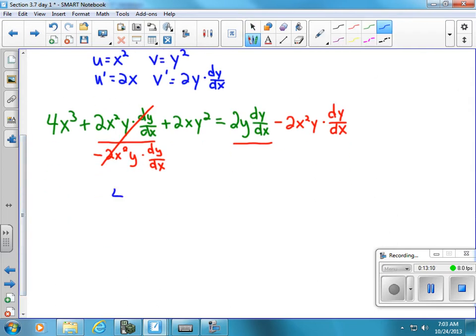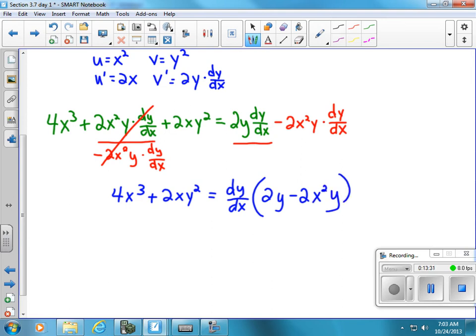Rewriting this equation one more time, 4x cubed plus 2xy squared equals, let's put the dy/dx first. It doesn't matter which one because it's multiplication, but 2y minus 2x squared y. Now you need to be really careful with your x squareds and your y squareds that you don't mix them up or lose an exponent somewhere.